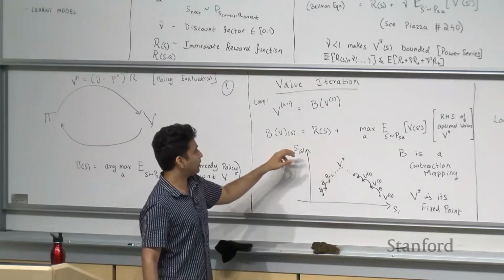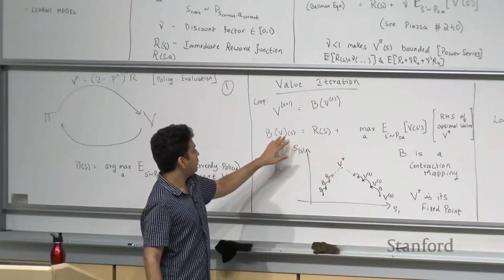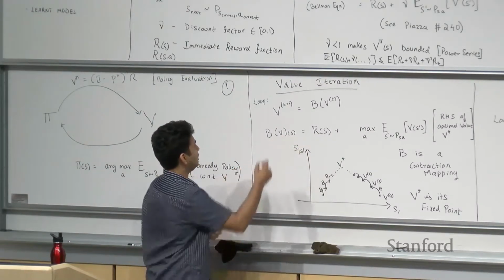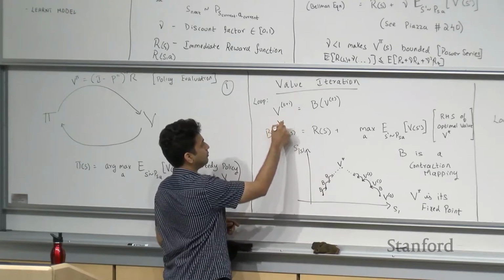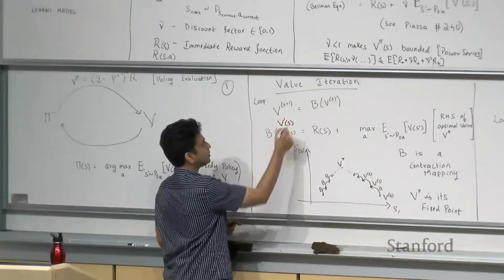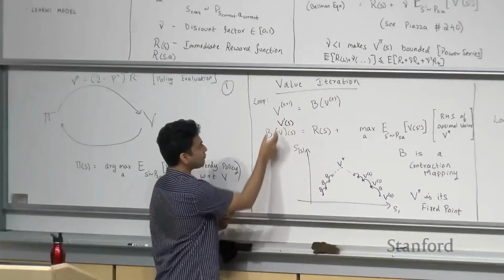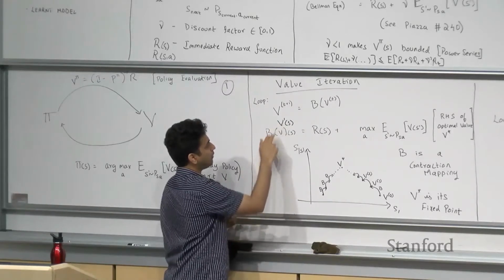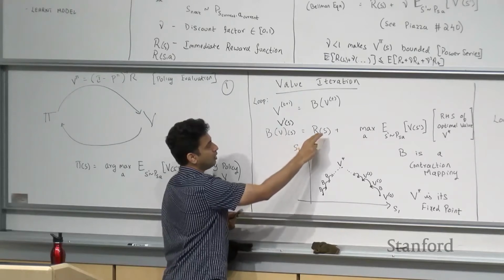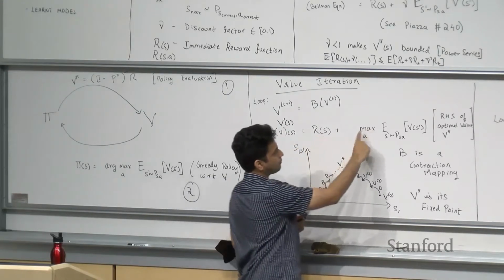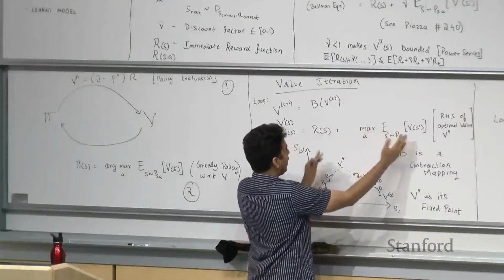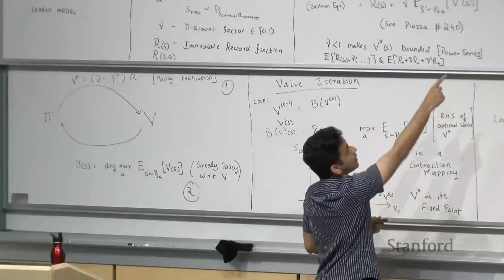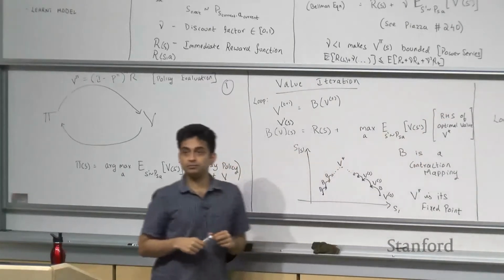So the Bellman backup operator is, if this is v prime of s, where v prime is the Bellman operator on the previous v, so the value function for the next time step is equal to r of s plus max of whatever expression here, and this thing here is basically the right hand side of the optimal value function.